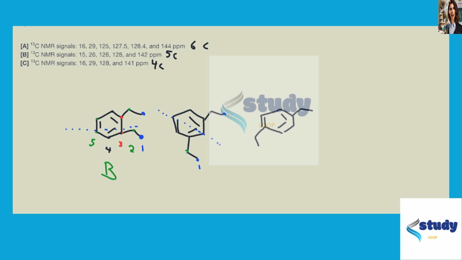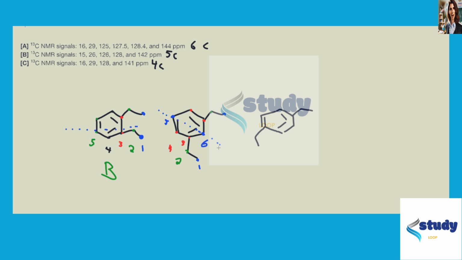Then we have carbon type 2. We have carbon type 3. Carbon type 4. But now we have this carbon, which is 5. And then the last carbon here on the internal plane of symmetry, carbon 6.